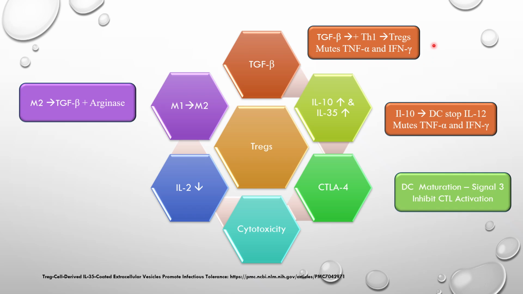So it mutes that, and it converts TH1, which is the helper cells, into Tregs, which then secrete more TGF-beta and more IL-10 and IL-35, which has an even more vicious cycle, detrimental impact on the inflammatory response that we want for this tumor. IL-10 stops the dendritic cells from doing that signal 3.